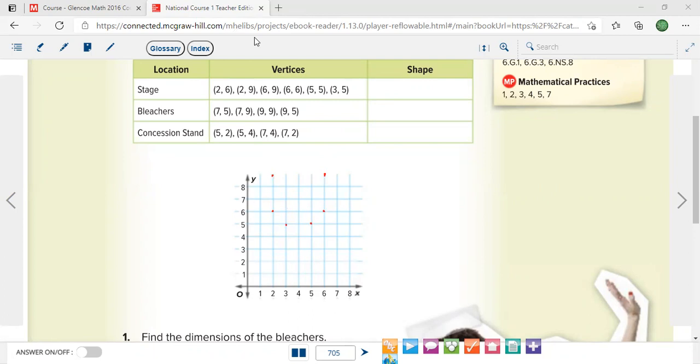Now let's join this shape. It's a polygon that has 1, 2, 3, 4, 5, 6 sides, means hexagon. This is a hexagon for the stage.